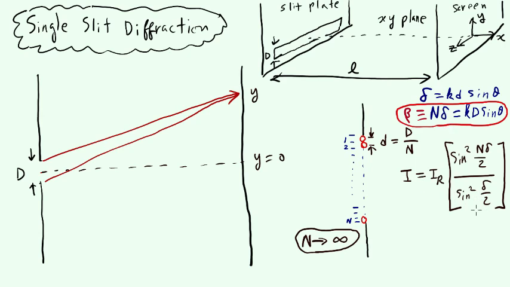So now let's look at this sine square delta over 2. Notice that delta here is k d sine theta. k is determined by lambda, so it's determined by an experimental parameter, and sine theta is the angle at which the beam comes to the screen.